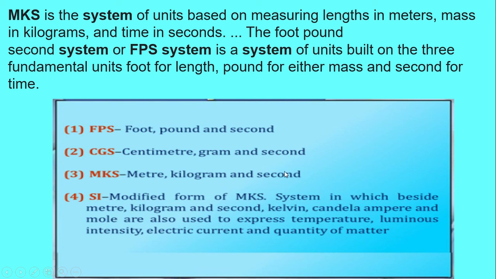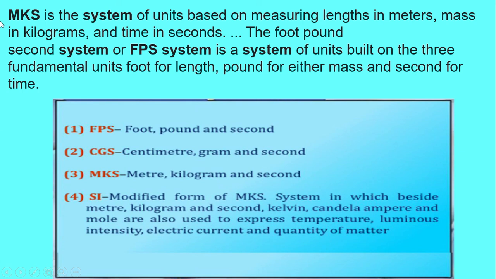Now MKS is not used, rather the SI system is used worldwide. In it, besides meter, kilogram and second, Kelvin, candela, ampere and mole are also used to express temperature, luminous intensity, electric current and quantity of matter. That chart has already been given in your previous content.